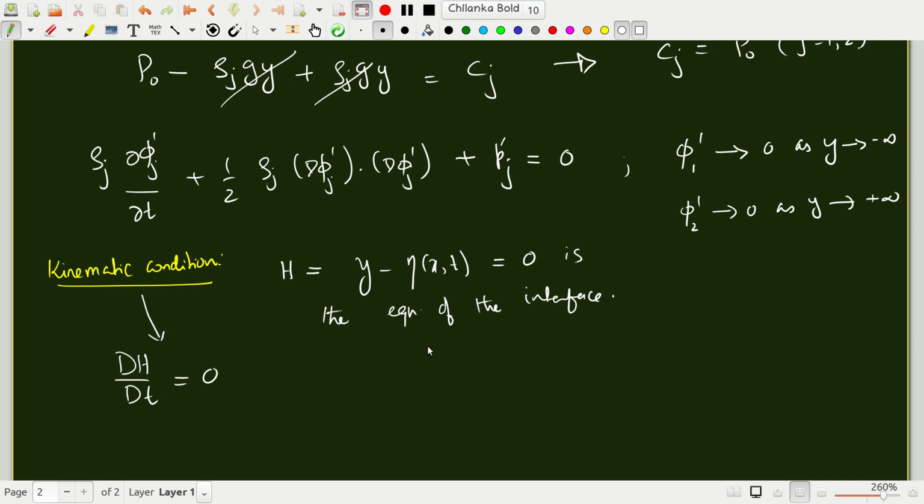Which simply says that partial h partial t plus w dot del h is 0, where w is basically the velocity of a point on the interface.